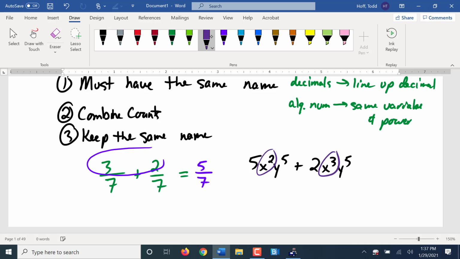We don't have the same name. We have x squared next to x to the 3rd. They're slightly different. We can't add those. But if we had 5x squared y to the 5th plus 2x squared y to the 5th, now they have the same name. We combine counts. 5 plus 2 is 7, and then we keep the same name, x squared y to the 5th.